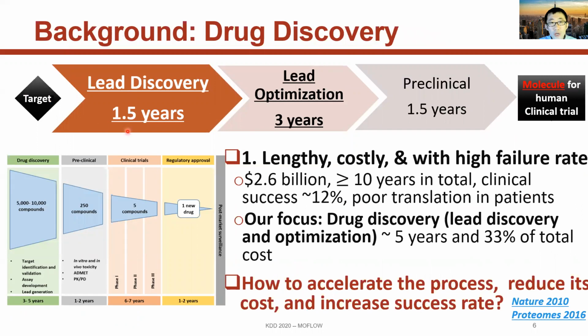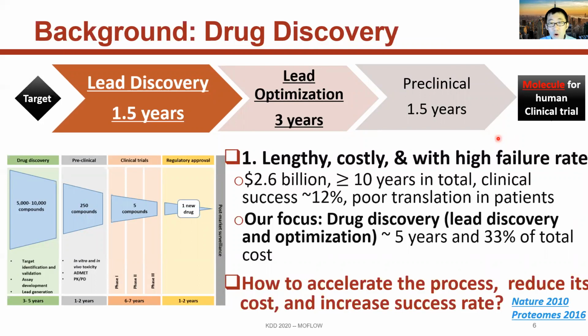Overall, going through such a path is very lengthy, costly, and always ends up with a failure. Specifically, the average cost of developing a successful drug is estimated to be $2.6 billion, and it takes at least 10 years to translate it into patients with only a 12% success rate.